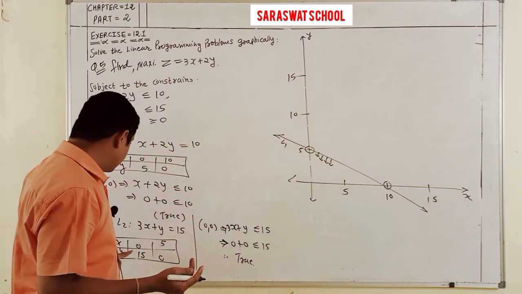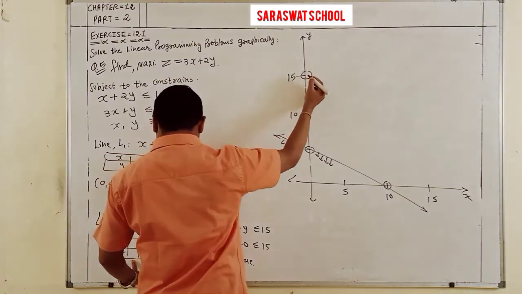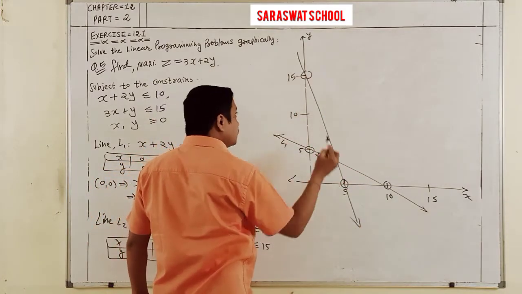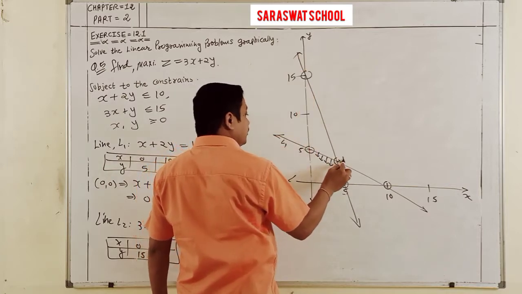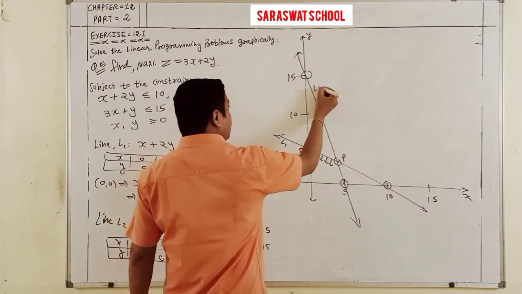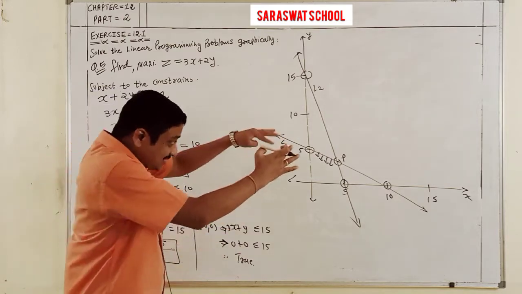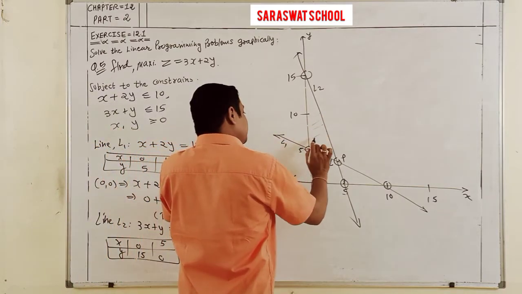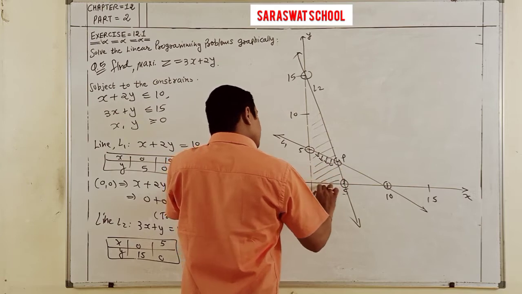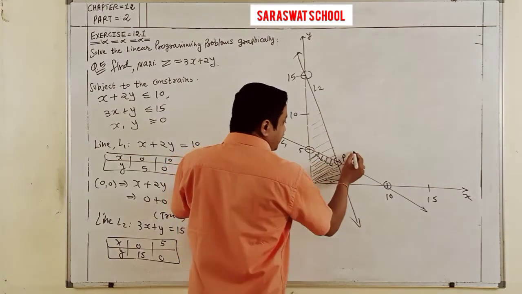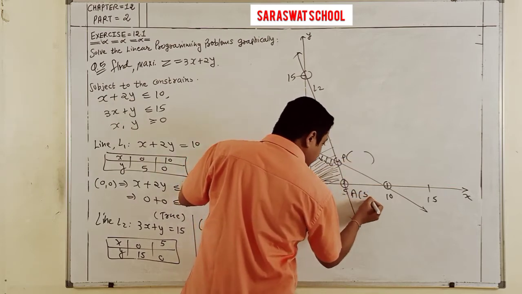Now secondly (0, 15) and (5, 0), and I will show the point of intersection as point P. The L2 line's answer is also on the origin side, means this side, that side you are shading. Means my common shading is this, and that common shading is your answer region.